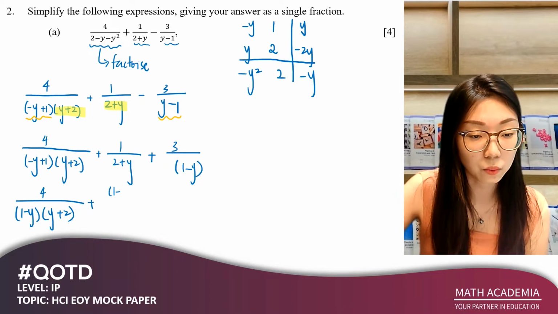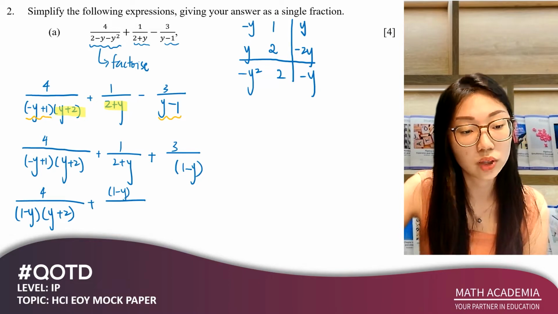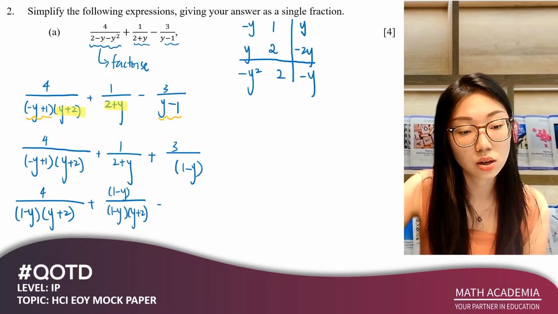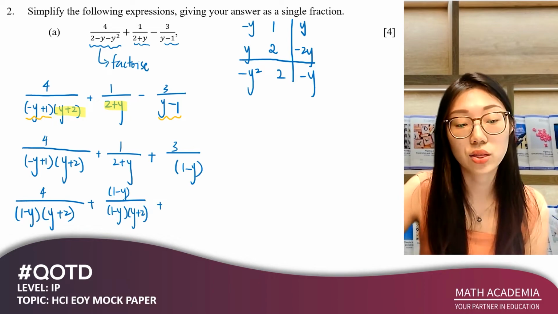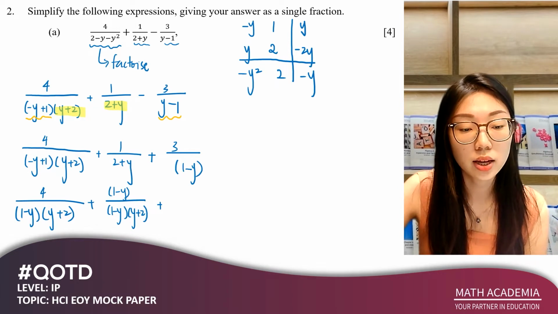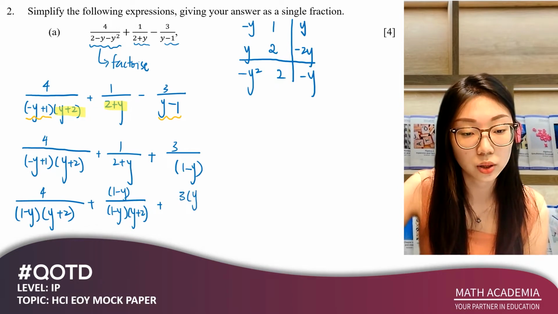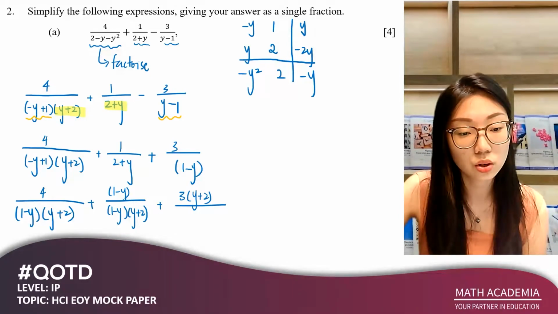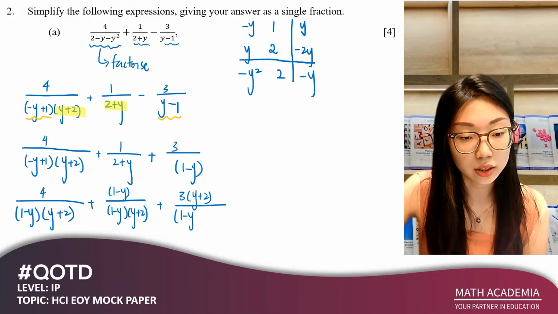So I have 1 minus y over 1 minus y times y plus 2, plus, okay, for my third term, I have to multiply y plus 2 in my denominator and numerator. So 3 multiplied by y plus 2 over 1 minus y times y plus 2.